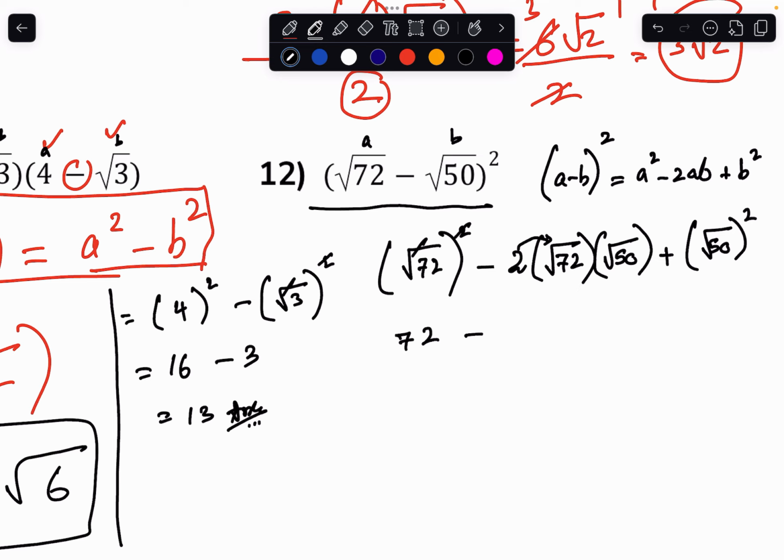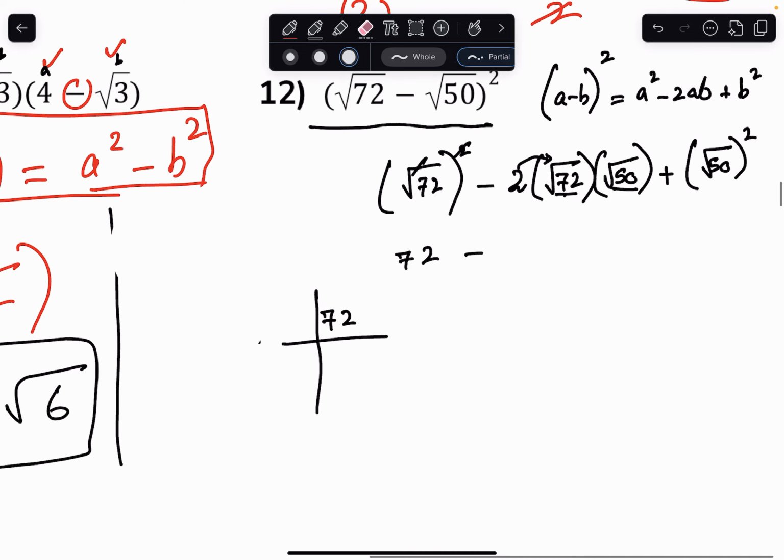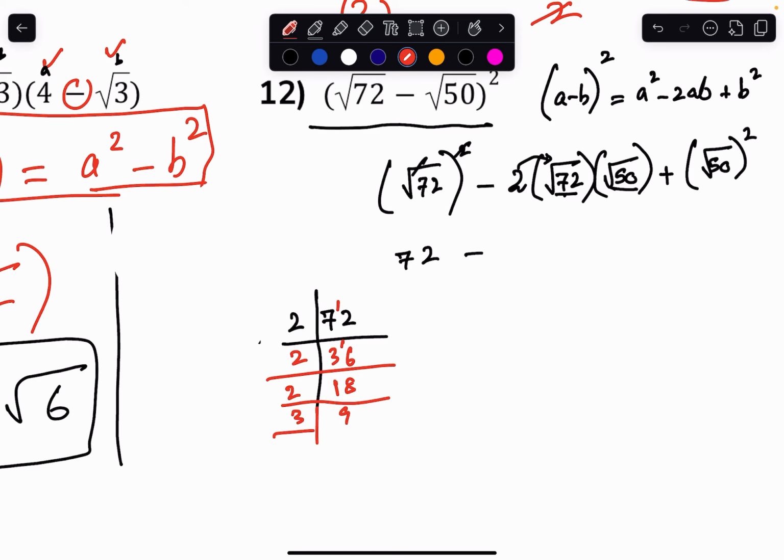Now you can simplify this. That's 72 and 50. You can simplify this. So to simplify this, let's write 72, taking the factors of 72. 2 times 3 is 6, 2 times 6 is 12, 2 times 1 is 2, 2 times 8 is 16, 2 times 9, 3 times 3.